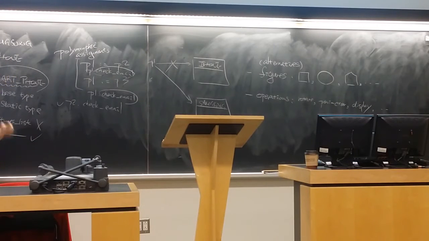Okay, now when I talk about open-close principle, we are really saying our software is open for extension. So when we say extension, we might extend either the kinds of figures or the kinds of operations, either way.